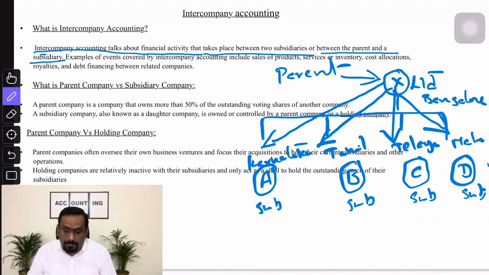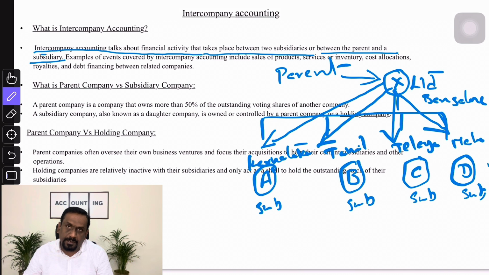Now, what does the definition say once again? Intercompany accounting talks about financial activity that takes place between two subsidiaries or between a parent company and subsidiaries.